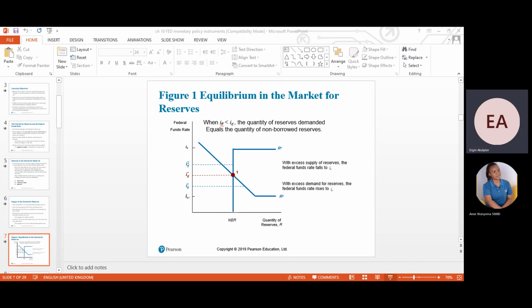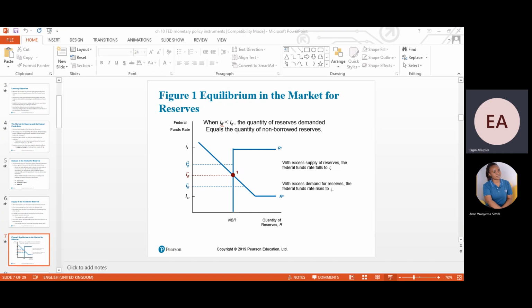How does the conduct of open market operations affect the federal funds rate? Open market purchases or sales shift the supply curve to the right or to the left. The effect depends on whether the supply curve initially intersects the demand curve in its downward sloping section versus its flat section.